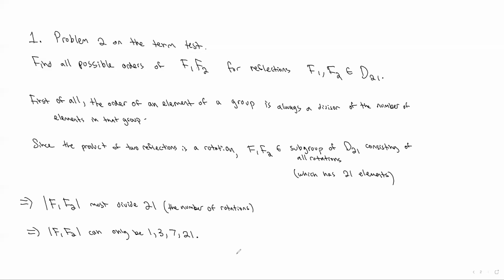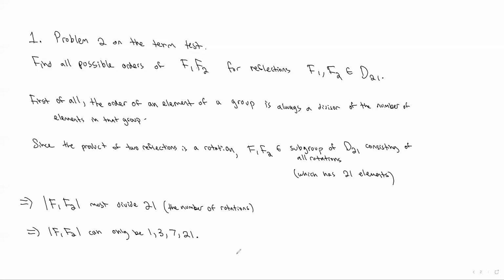So all that we know is that in any group, the order must divide the number of elements. That doesn't mean that every number that divides the number of elements actually occurs as an order. It just means that any order that does occur must divide the number of elements. So it's a subtle difference in the logic. So 1, 3, 7, and 21, we can narrow it down to these values, but that doesn't mean that all of these values occur. In fact, they do, but you have to show that they do.